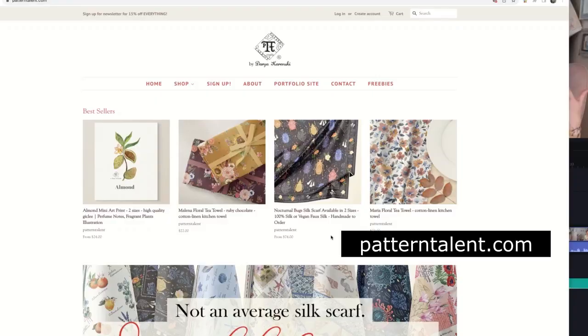So yeah, what else? It's a lot of self-promotion because I'm the marketing manager, I'm the sales manager and everything. I look at different aspects of my work. I recently opened a shop with silk scarves, so that was a big chunk of work too.